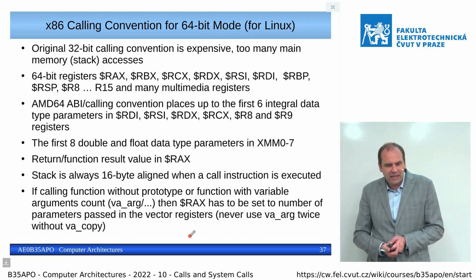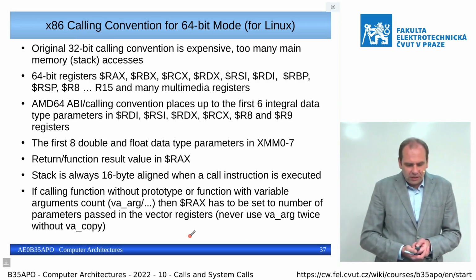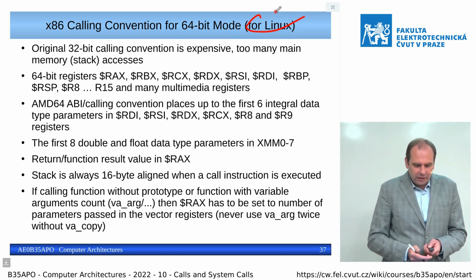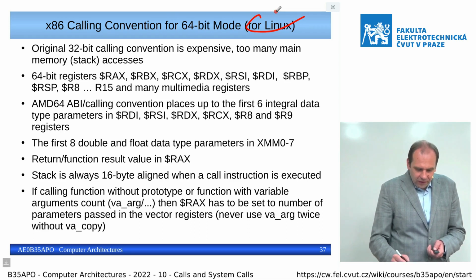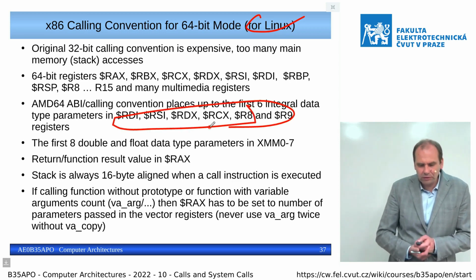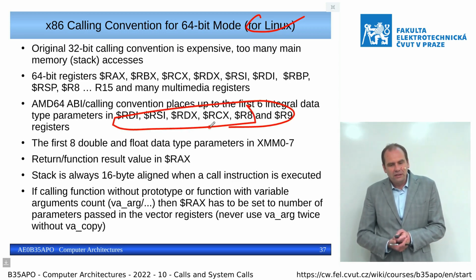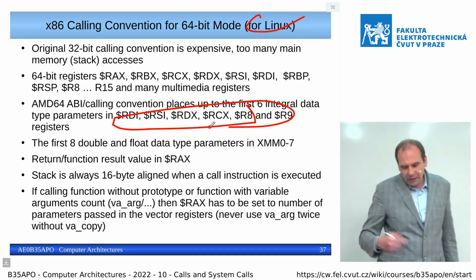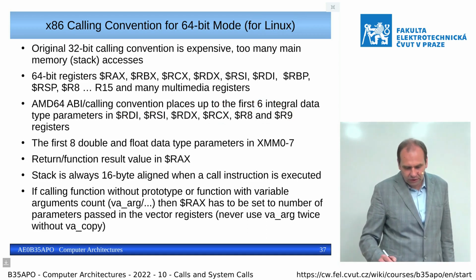The calling convention for Linux, since for Windows it is more complex, defines that we have more registers and that up to 6 arguments can be stored in registers. So the first 6 integer arguments are passed through registers, which makes it easier to call subroutines, and the rest is stored on the stack.